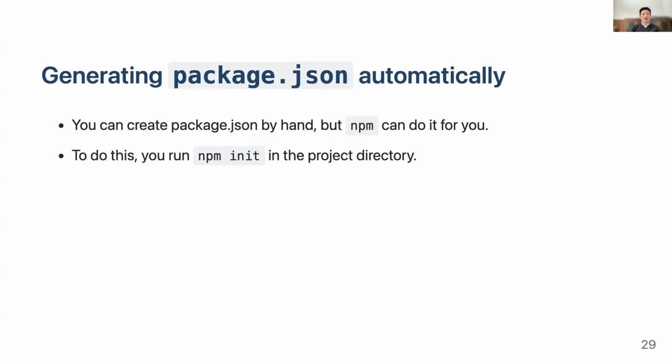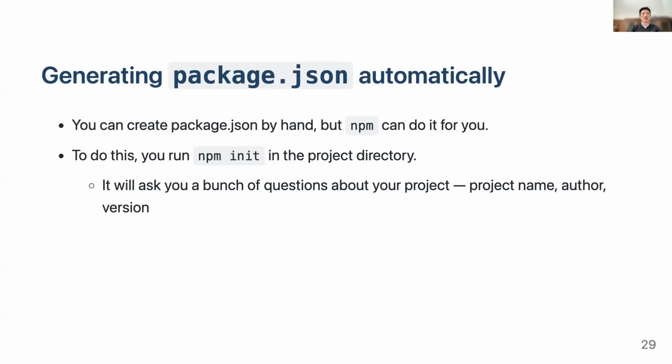Okay, and so this is how, if you want to create a package.json file a little bit easier rather than creating a JSON file completely manually, you do npm init. The tool will ask you a few questions, and based on your answers, it will create the package.json file for you.